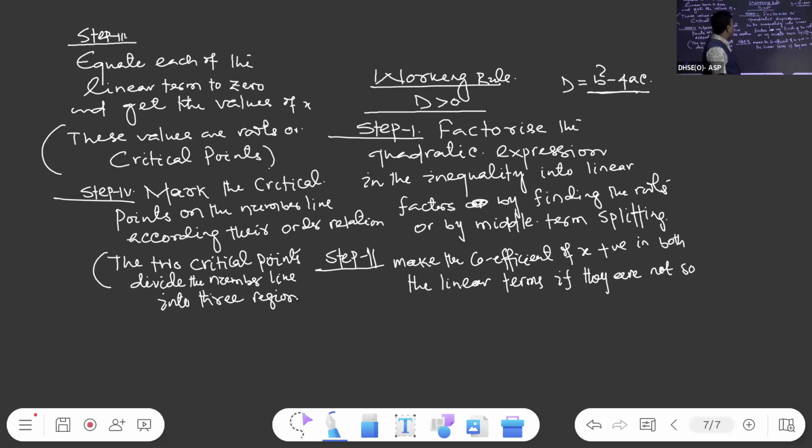This is your step 4. Quickly note it down. I will use the next page. Two more steps are left. Done.